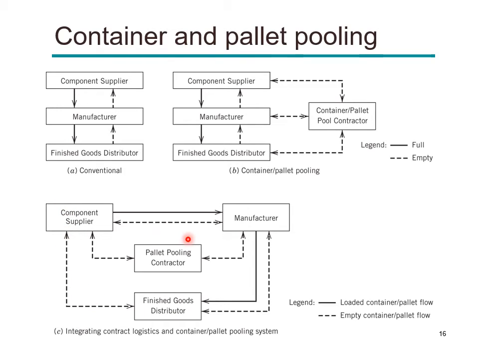Again, the dashed lines show the transfer of empty containers or pallets. And if you use such an integrated approach, the total cost of managing and owning the containers and pallets will be less. You will just pay a rent for these to this contractor.